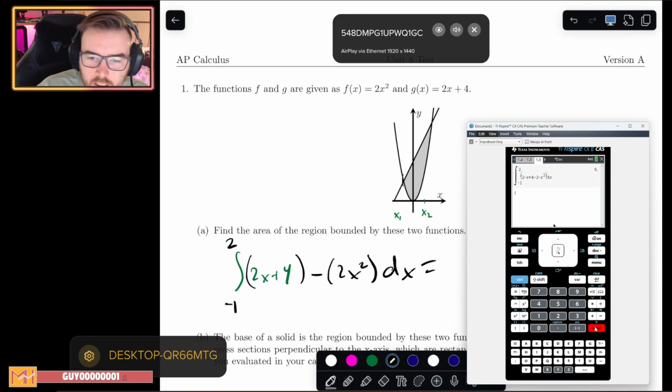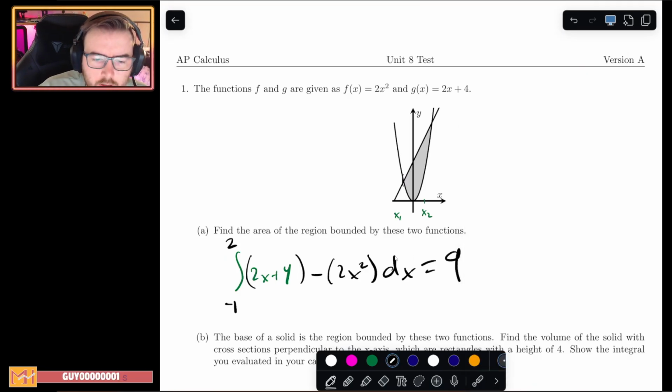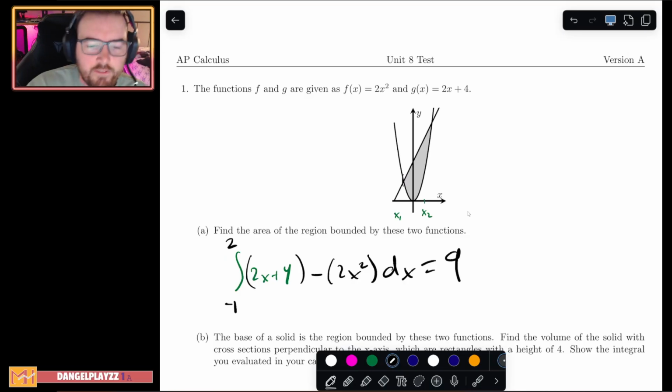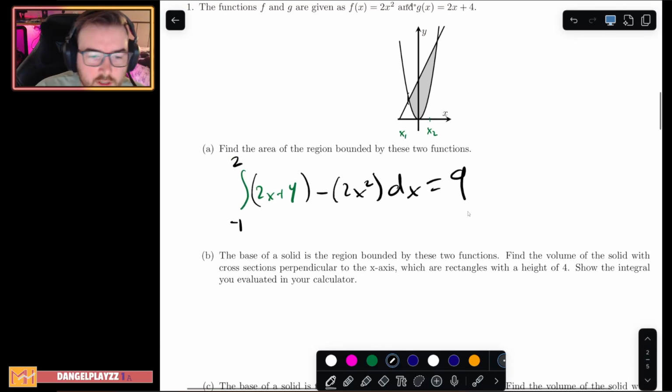It comes out to a clean 9. Was 9 the answer? Did I typo? Yeah, 9 was the answer. To me, that felt off, and I didn't want to try to stare at the screen.